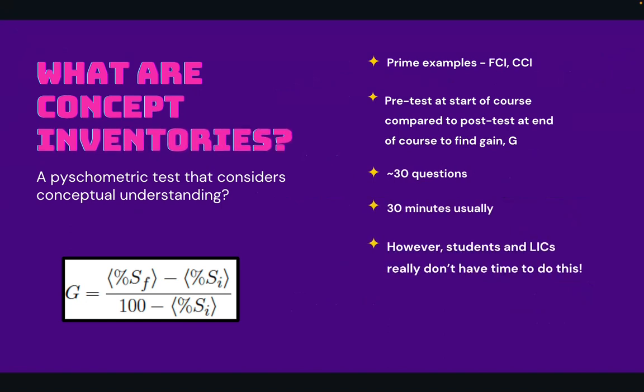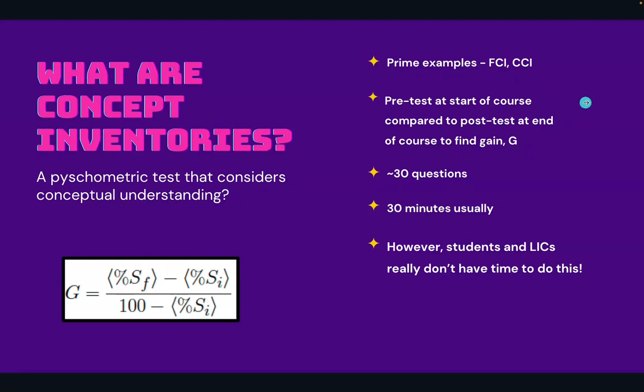What are concept inventories? Well, they're a type of psychometric test that records conceptual understanding. Here is the classic formula for what's known as the Hake gain. I'll explain that in a minute. Prime examples of concept inventories in maths and science would be the FCI and the CCI, the force concept inventory and the calculus concept inventory.